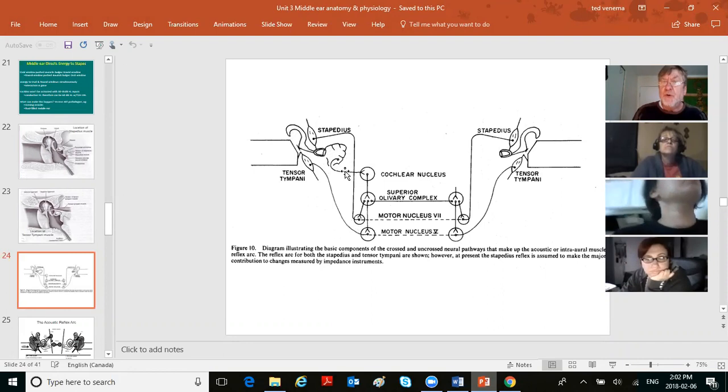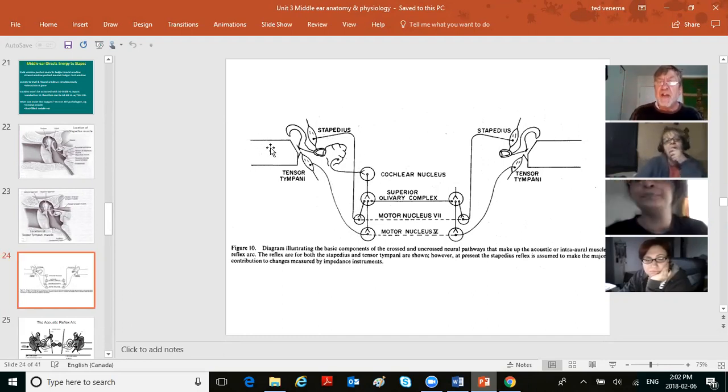And that message goes to the 8th nerve. This is your 8th nerve. And then this whole area here is called brainstem. And then the messages go back out to the tensor tympani and back out to the stapedius muscles to pull, acoustic reflex. And if you make a loud sound in one ear, you're going to have the reflex occur in both.